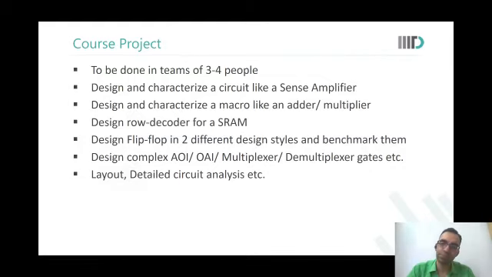Okay, so for the same complex circuit, for example, if you are doing multiple implementations and doing a comparative study. Yeah. So for example, one team would be implementing the same circuit on AOI, on PTL. Another team would be doing it on CMOS. Another team would be doing it on dynamic logic. So there you already have 3 styles. Now imagine one of those teams is also a 4-member team.